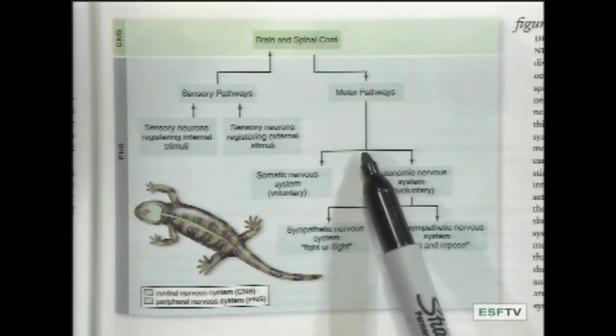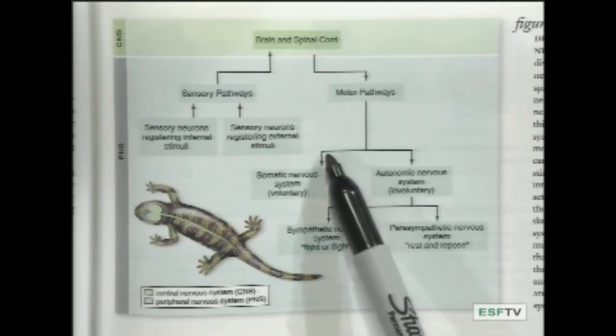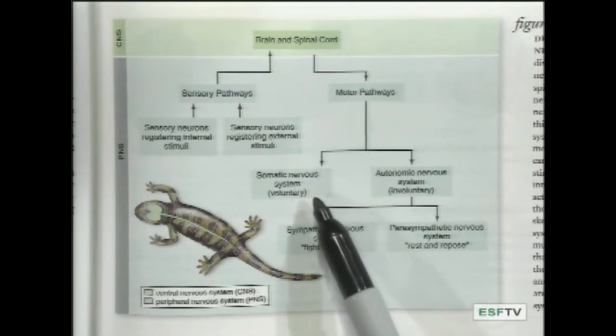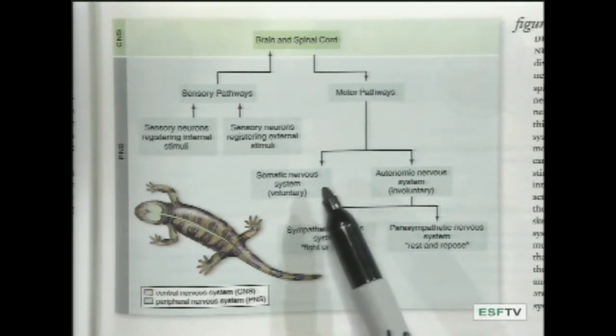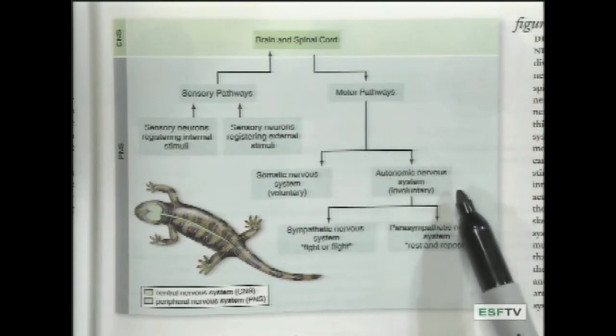Within this pathway, the information can go along via the somatic nervous system, the voluntary nervous system that goes to skeletal muscles and affects a response, or it can go via the autonomic nervous system, the involuntary system that innervates smooth muscles and cardiac muscles.